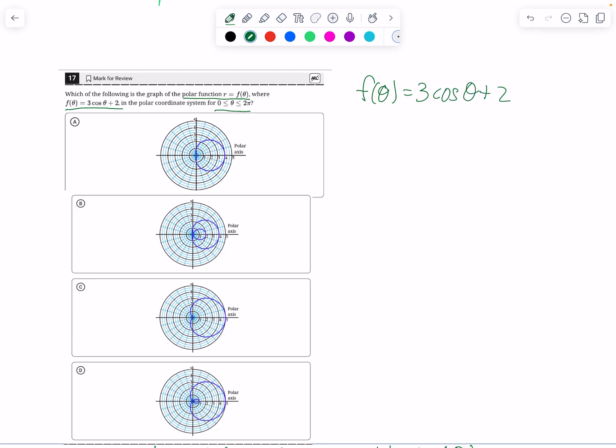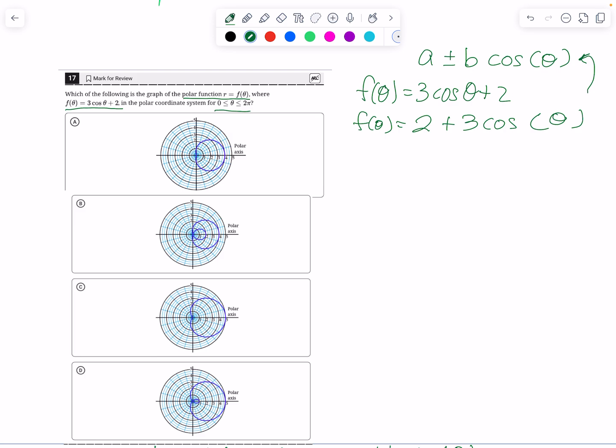And you have to understand that these functions have to be written in the format of a plus or minus b cosine theta. So as you can see, we have to rearrange this. So f of theta is actually 2 plus 3 cosine theta, because it has to be in the format of a plus or minus b cosine theta.